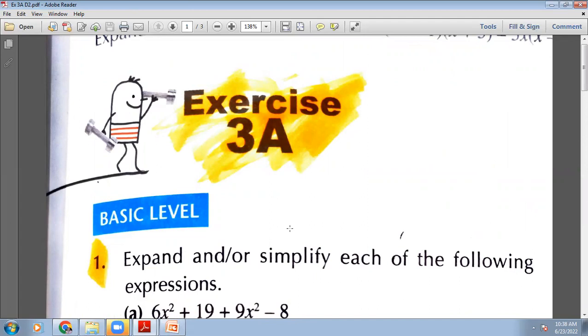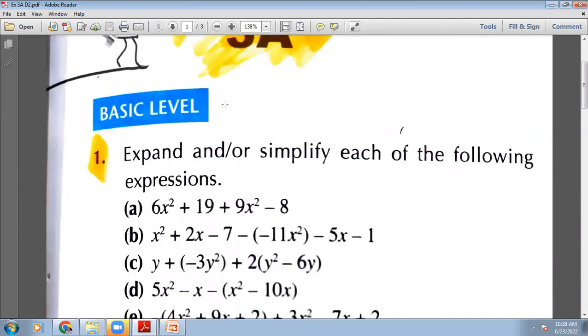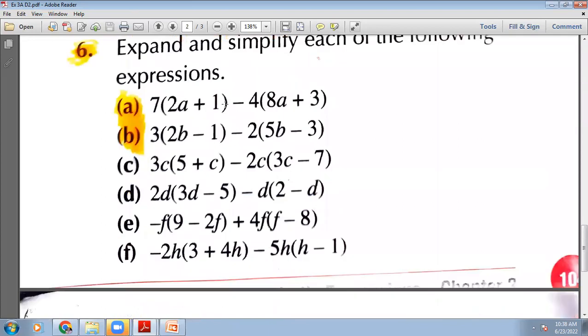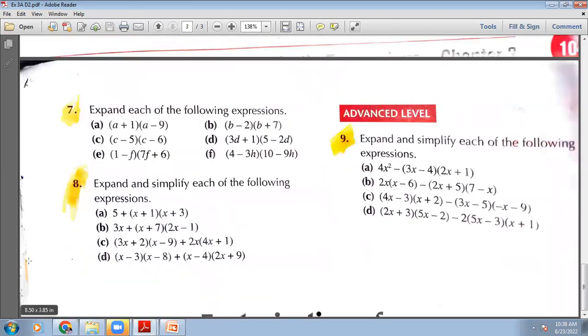We are learning to simplify quadratic expressions, expand and simplify. Today we have attempted questions 1, 2, 3, 4, 5, 6, and 7 in this video. I will make another video in which we will complete question number 8 and question number 9. I hope that you have learned from this video.